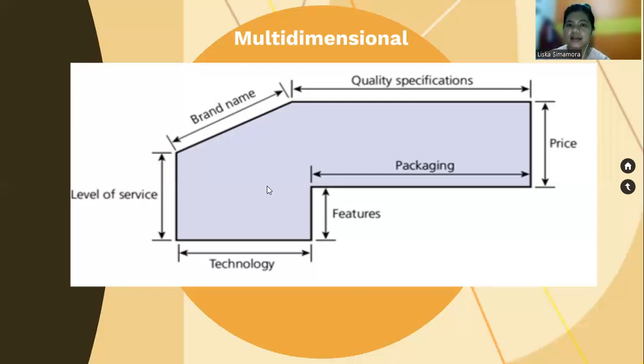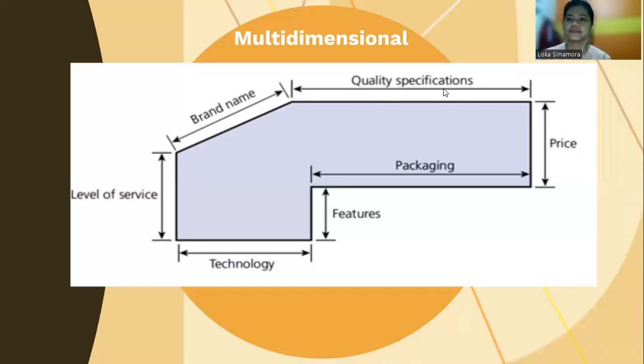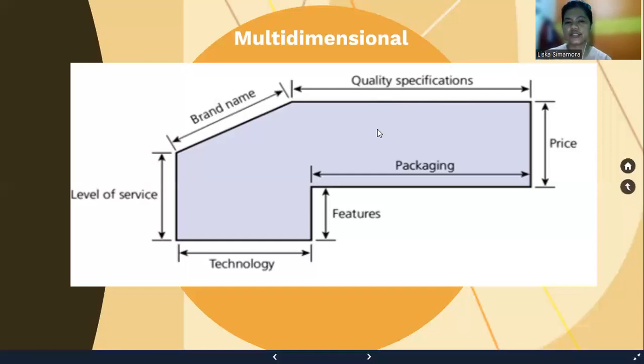And then the quality specifications. Okay. So for example, our example in this chapter is flower.